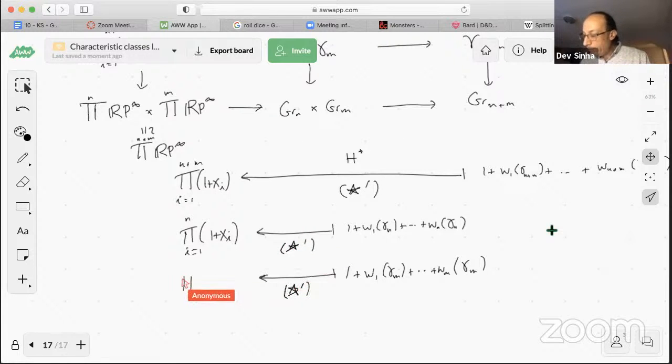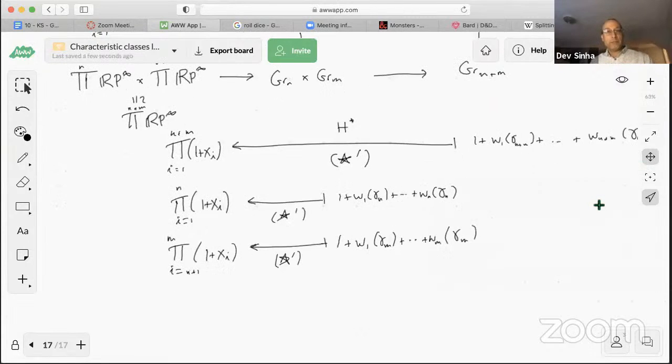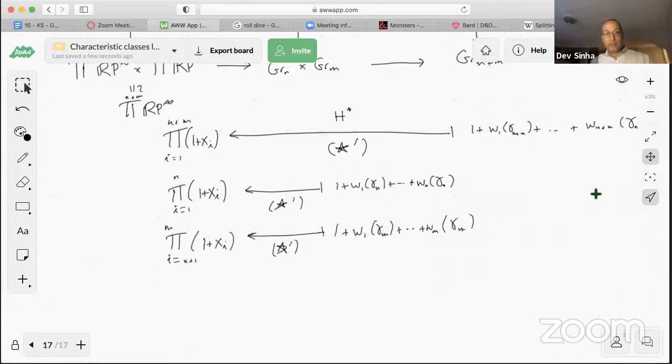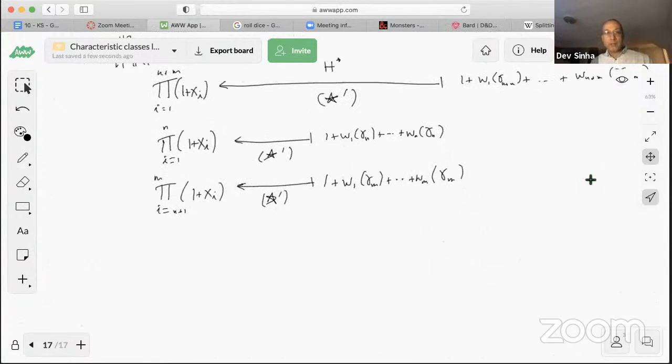Each of these, now this goes from i equals n plus 1 to m, 1 plus xi. But we see that then just manifestly, the total Stiefel-Whitney class of the universal n plus m plane bundle maps to the same place as the product.